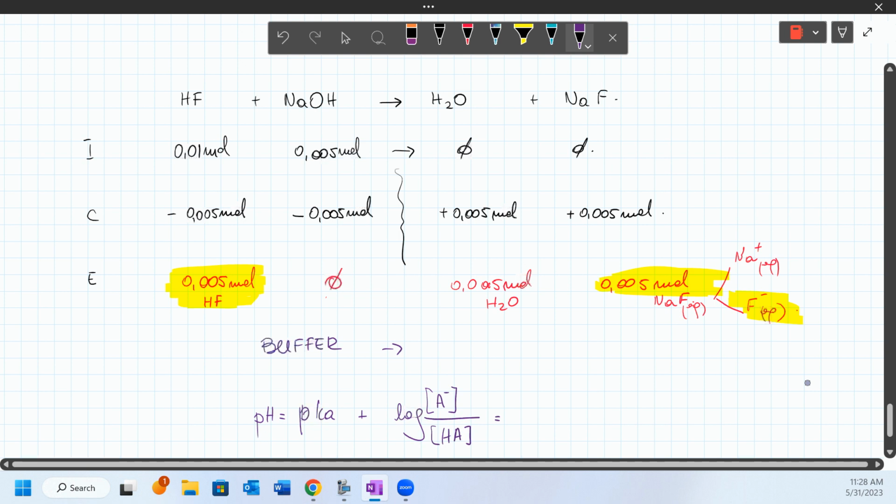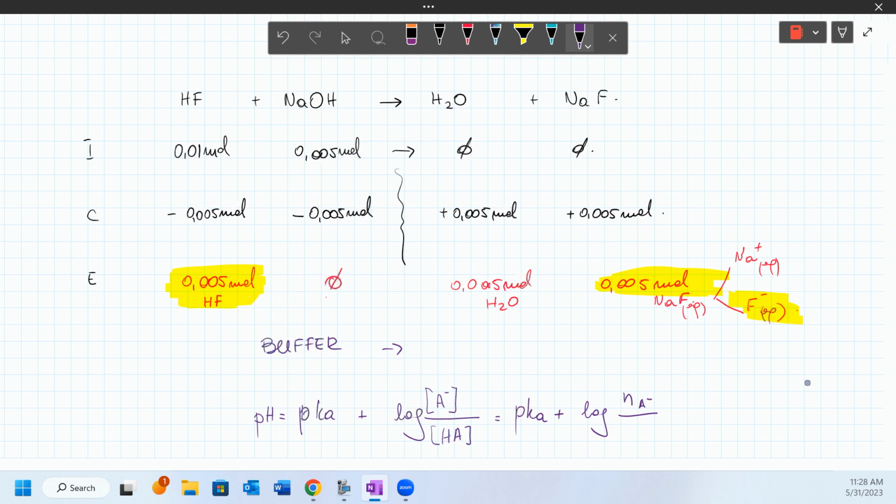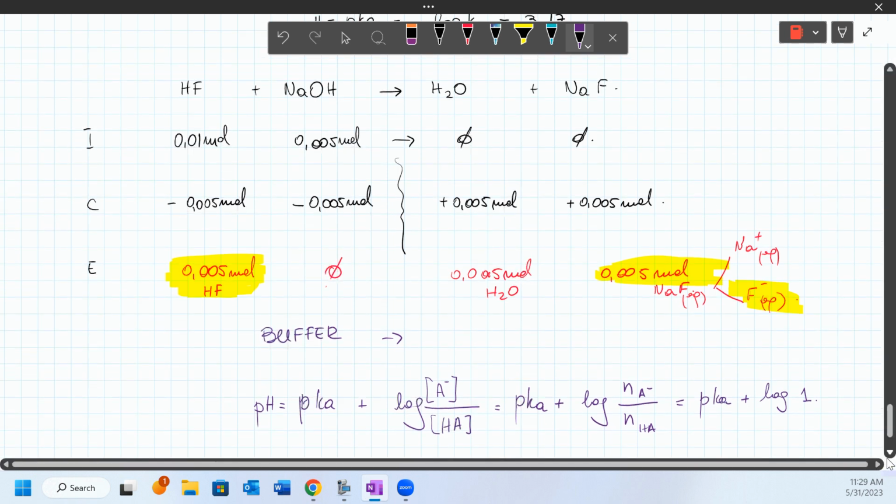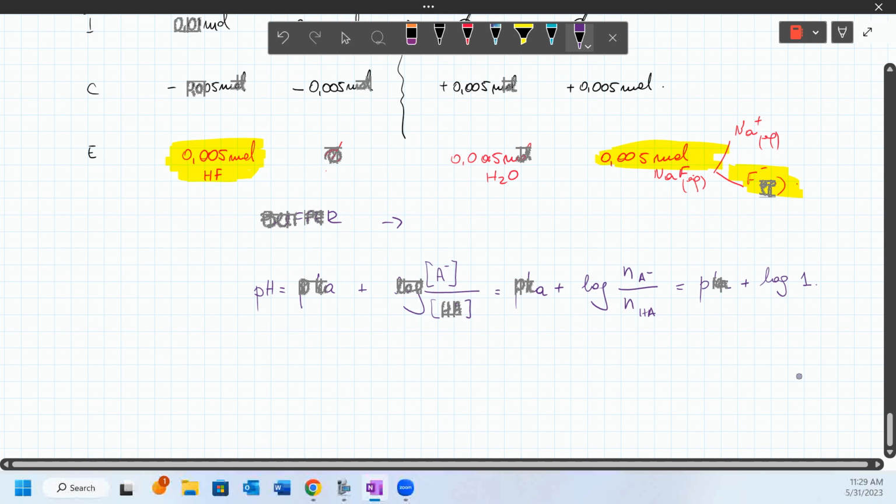Since we are dealing with a ratio, we will have pKa plus log of the number of moles of the conjugate base over the number of moles of the weak acid. But notice what we have here. We have the same number of moles, okay? So this will be pKa plus log of 1, because you are dividing two things that are the same. Log of 1, if you enter it in your calculator, equals 0.